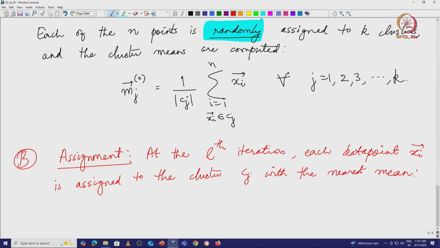Okay, and that is determined as follows. You can write it in simple mathematical notation as follows. So, Cj at iteration L is formed by all those points which are closer to the centroid of that cluster compared to the centroid of any other cluster Q.